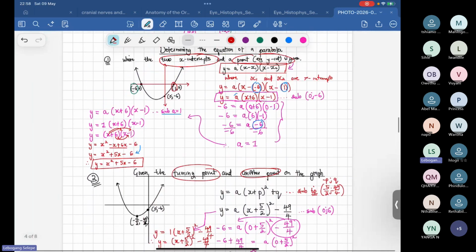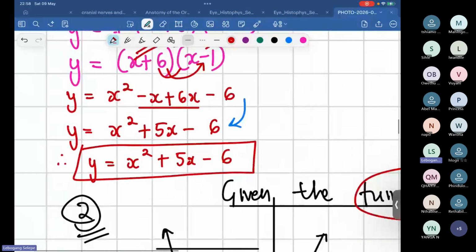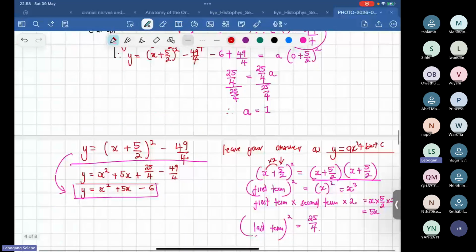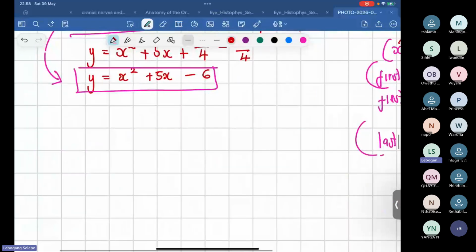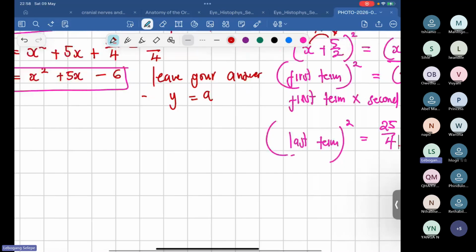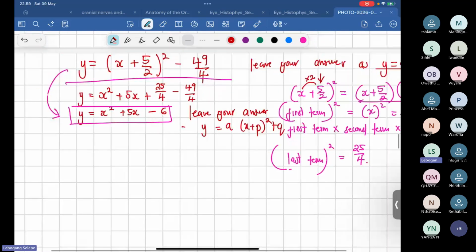Similarly, given the equation like this, the examiner can tell you, if they give you the equation like this, leave your answer in the form y equals a into (x + p) squared plus q, right?